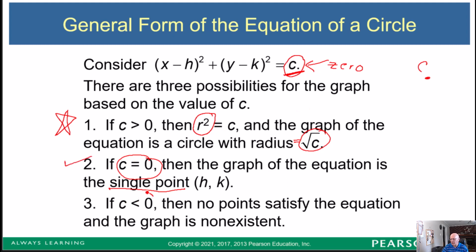And third, in the center-radius format, if this number on the right is negative, remember to get the radius you're going to take the square root of C. Well, if this is negative in here, for example, the square root of negative 4, there is no square root of negative 4 that's non-negative.